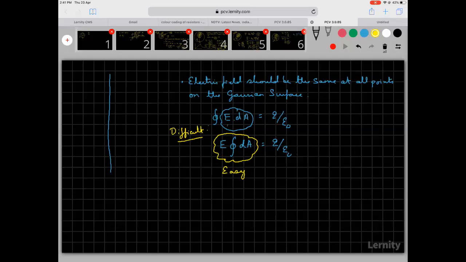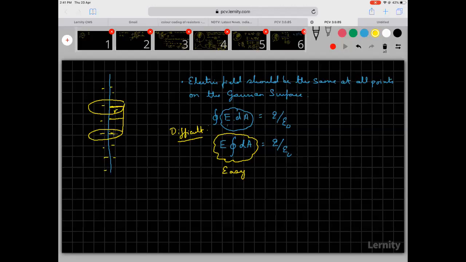So, suppose I have a line charge distribution like this, and I want to find out what is the electric field at a distance r from here. So, I want to choose a surface such that everywhere it is r distance from the wire. Here it is r, here also it is r, here also it is r.